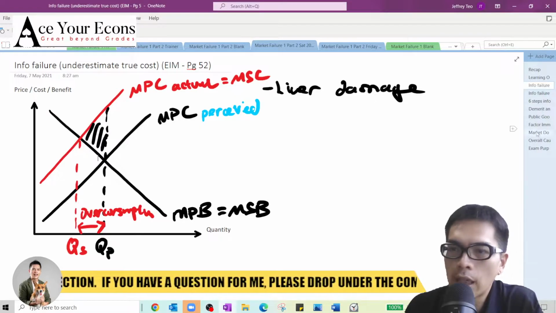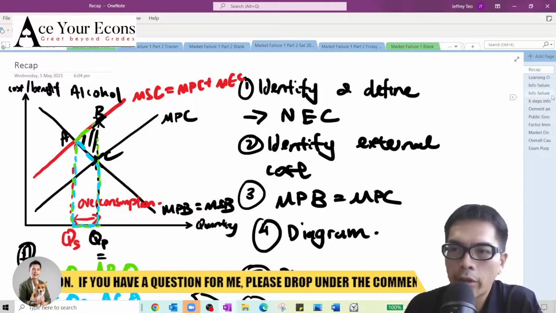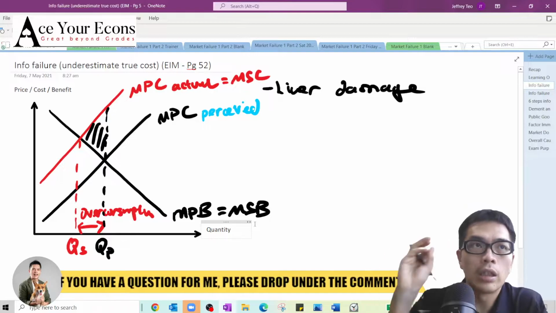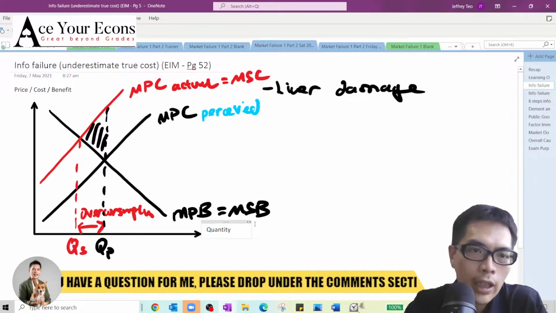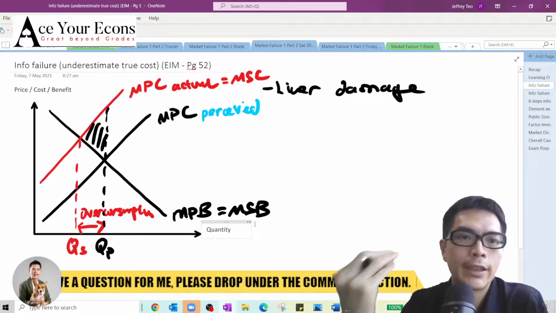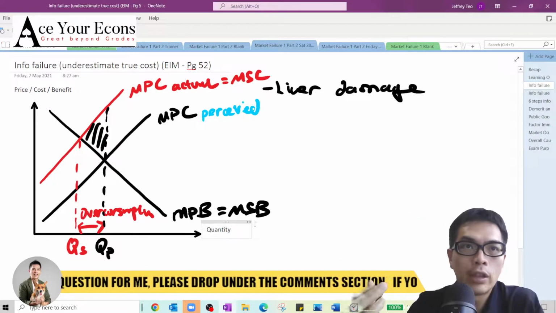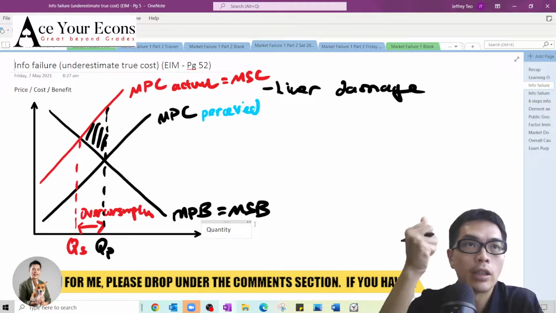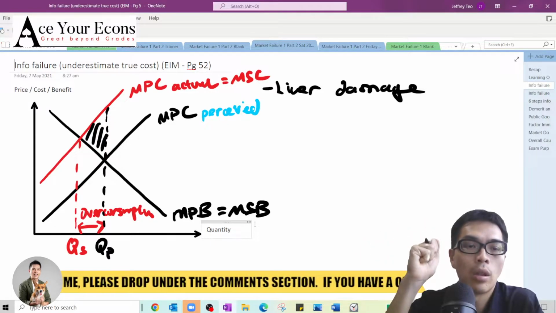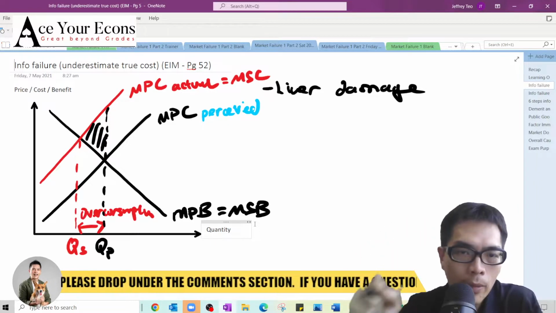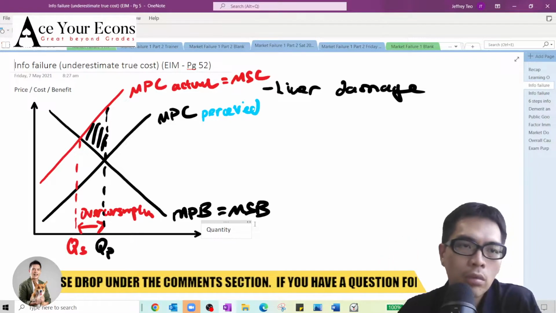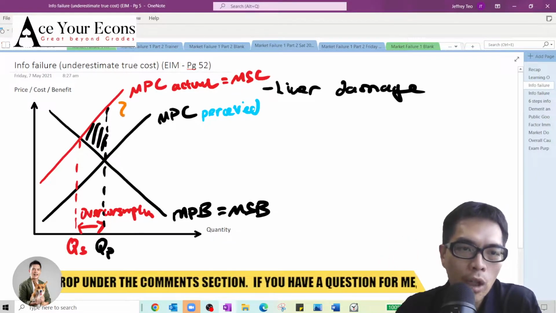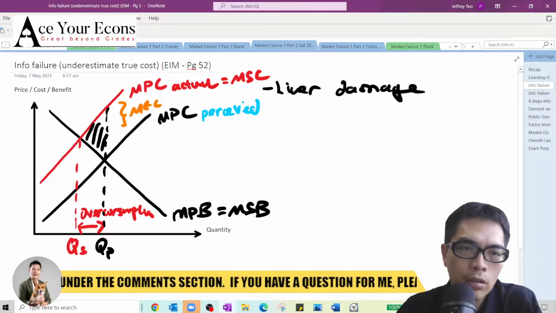With respect to the earlier diagram, the graphical illustration is quite the same. The only difference that you need to note, which changes the whole meaning, is the concept of perceived and actual. One more common mistake, please pen this down: do not label this as marginal external cost.